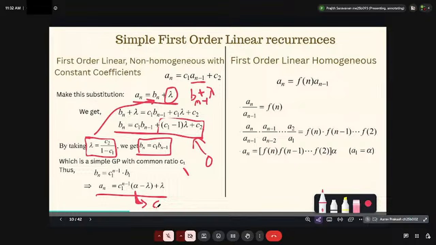So alpha is equal to a1. Once you have alpha as a1, b1 will be simply alpha minus lambda, that is a1 minus lambda. So we substitute b1 here and we can solve for it.